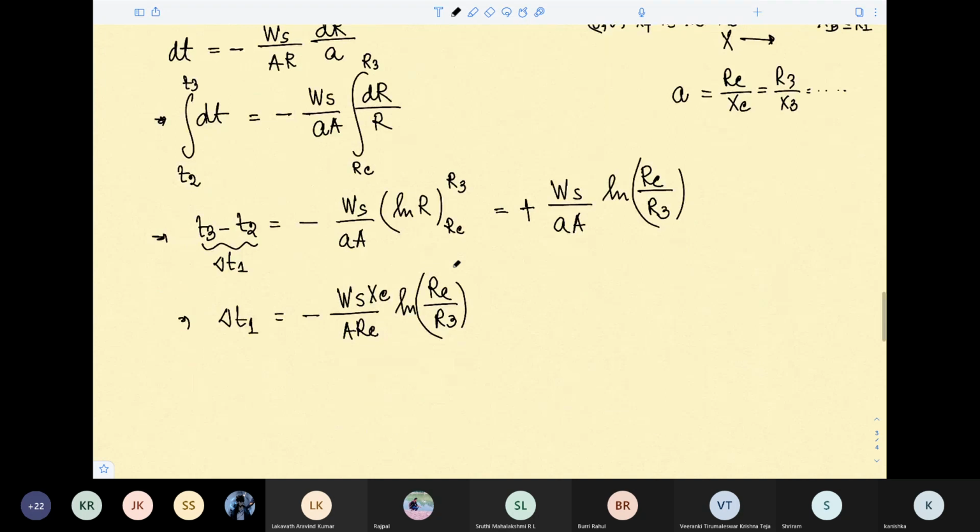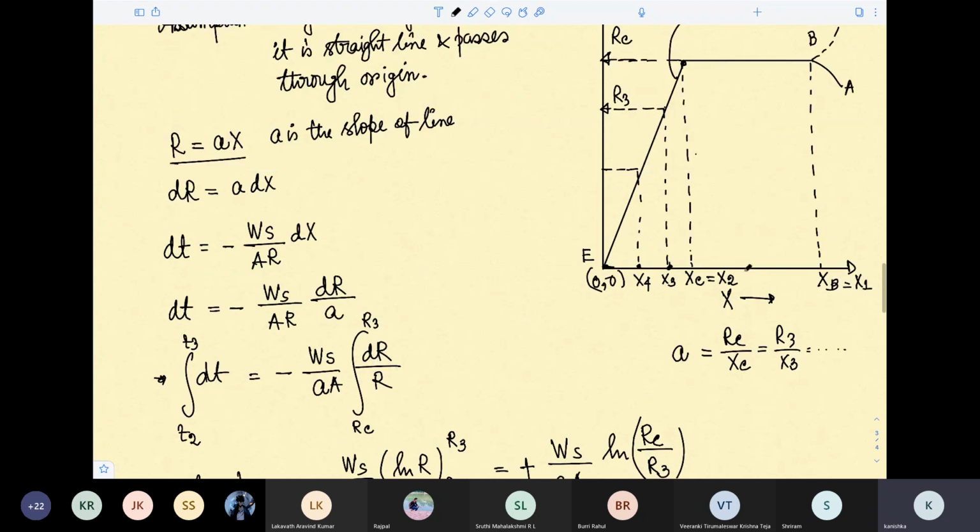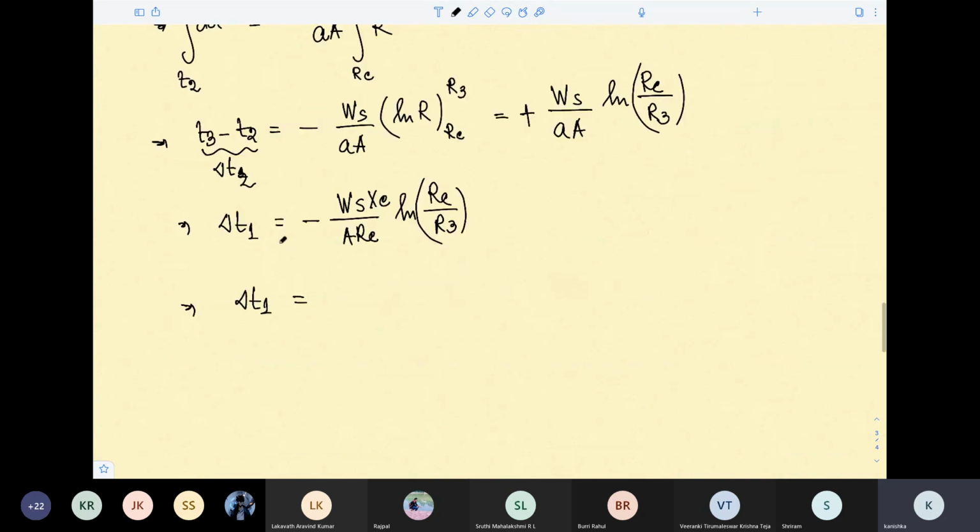So delta T, therefore this is the time requirement. Let's say this is delta T2, because we already had this zone, so this zone is for delta T1, this is for delta T2. So delta T2 equals WS XC by A RC ln RC by R3.